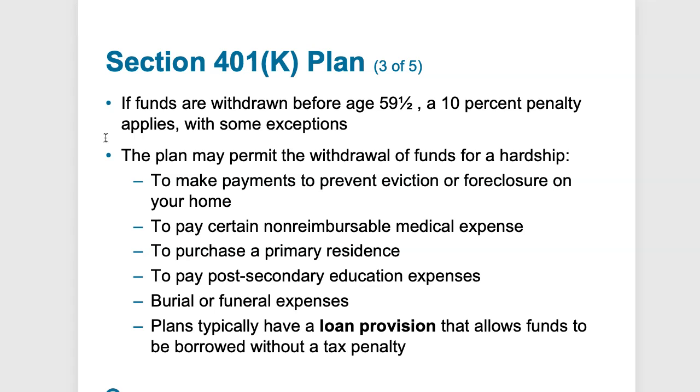Now, most 401ks will have what's called a loan provision. And what this means is that the 401k will allow you to borrow money against your account, which is great because you don't have to pay a penalty when you do this. So say, for example, you needed $20,000 for a down payment on some sort of purchase.